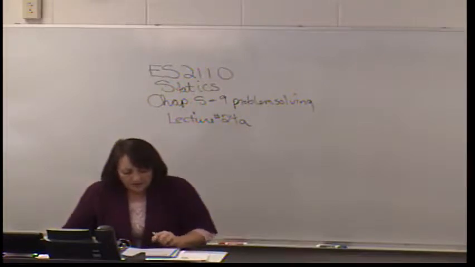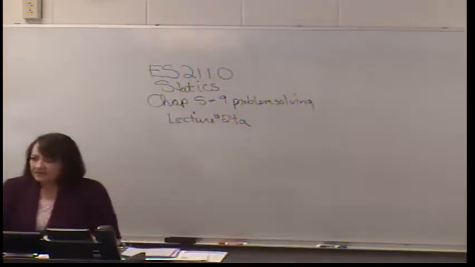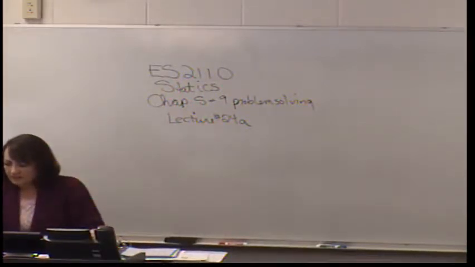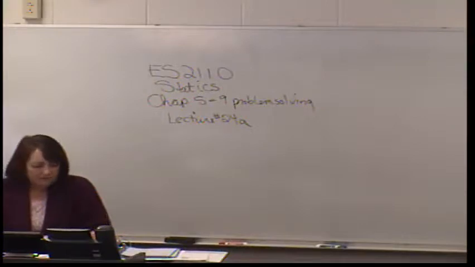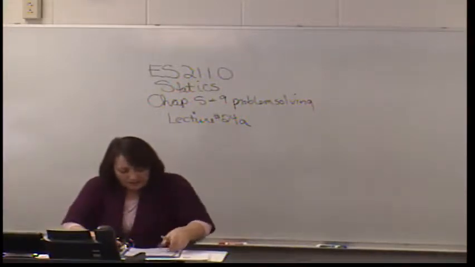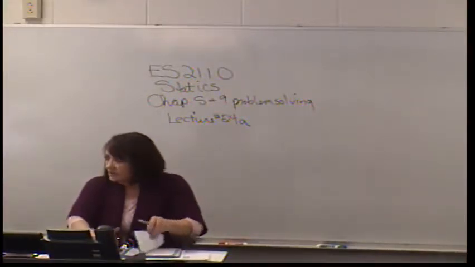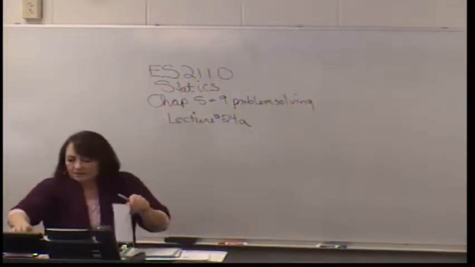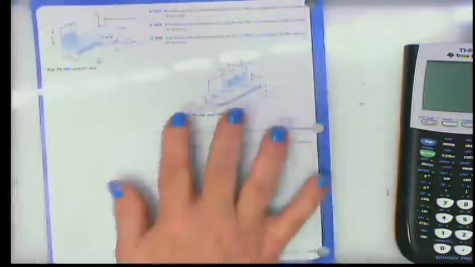5.104. Yes. Okay. Yeah, this is an excellent problem, isn't it? All right. So let's take a look at 104. And I'll put this up on my document cam to begin with. Okay.